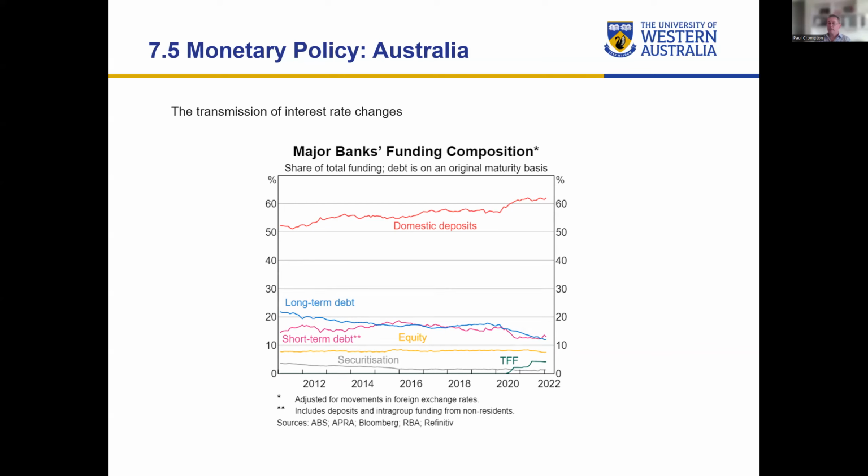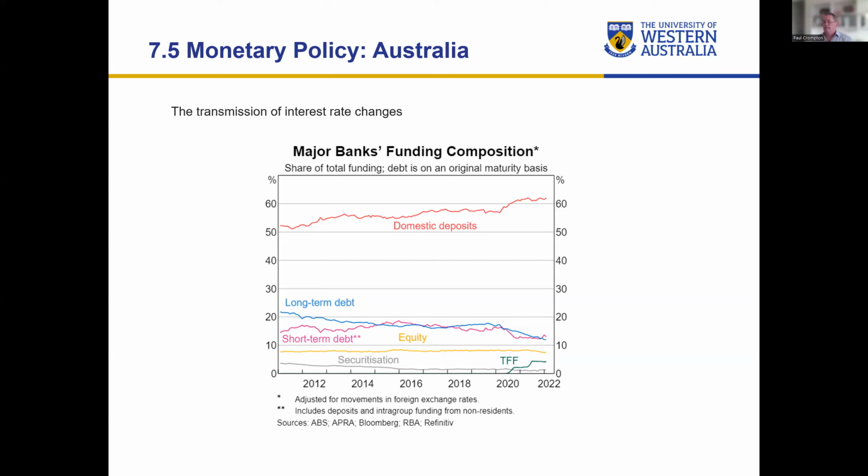So it's entirely possible that the Reserve Bank could be cutting the cash rate, which will then lower short-term interest rates, and at the very same time, long-term interest rates, which is the interest rate applicable to this long-term debt, could be rising. It's definitely happened in the past.